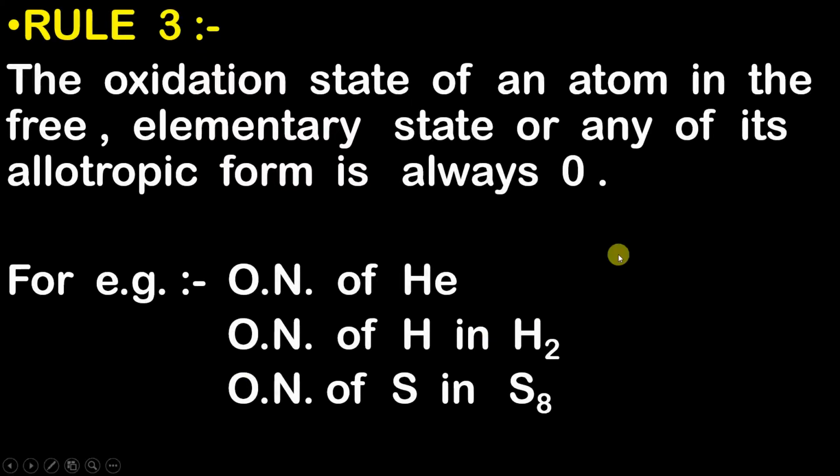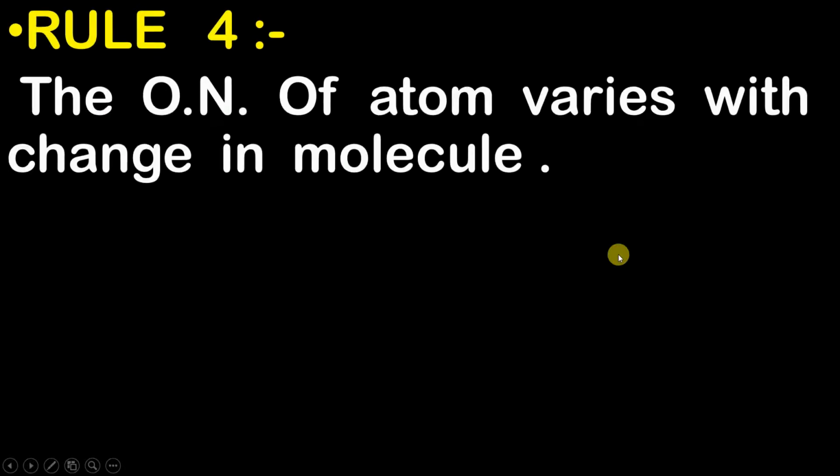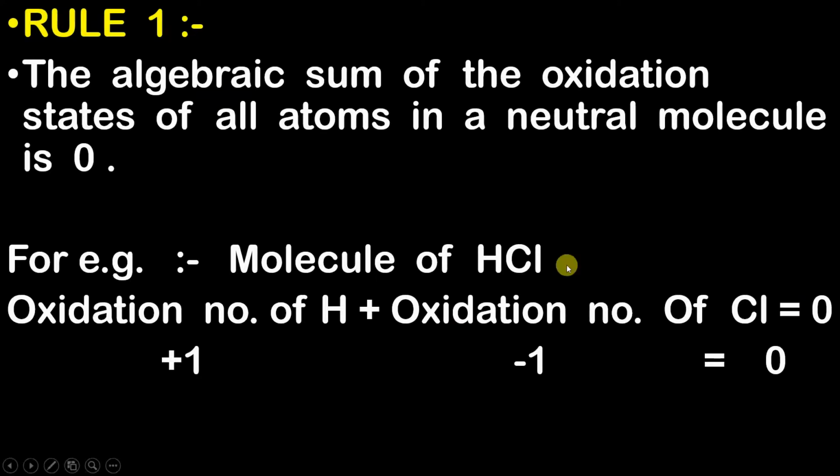Next, moving on with the fourth rule. The oxidation number of an atom varies with change in molecule. This is the most important point, guys. Let's understand with the help of our example over here. What was the oxidation number of hydrogen atom?